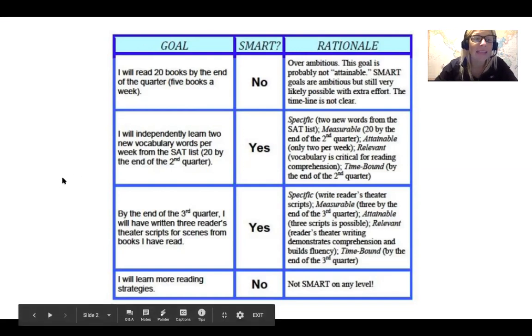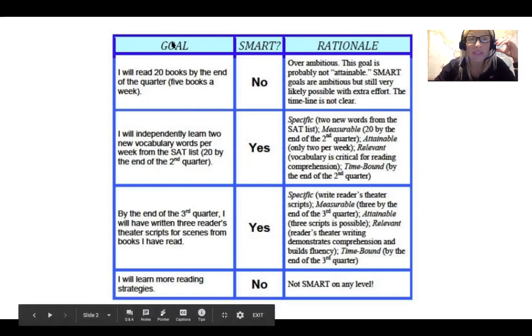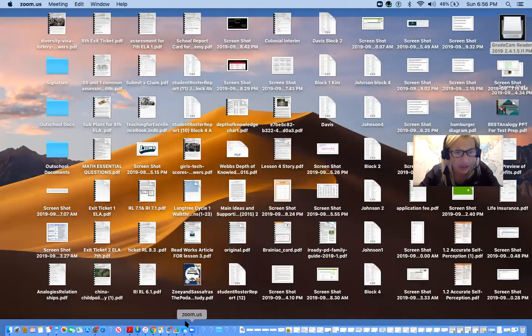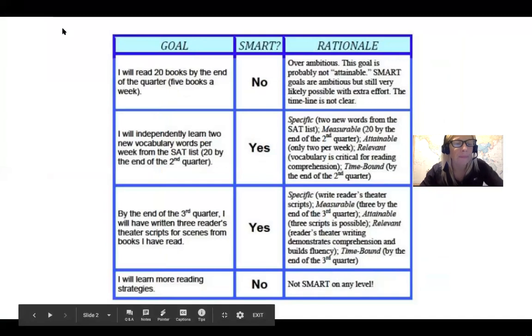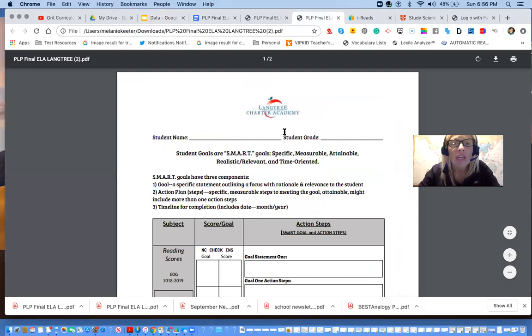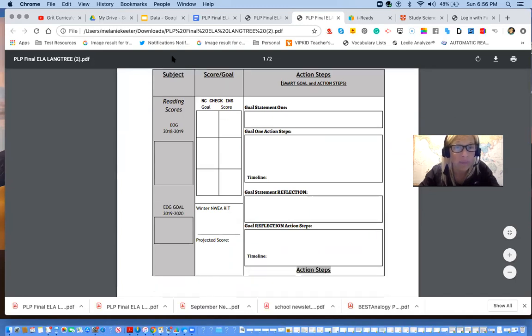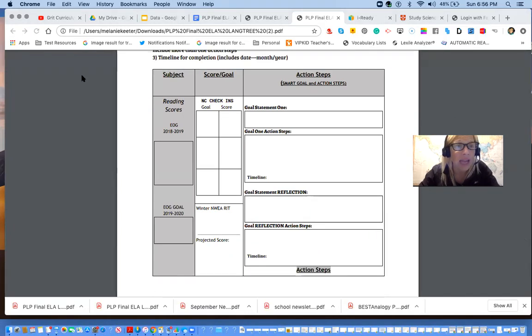Let's go back and look at the different pieces in the PLP that we also need to use in order to write these goals, okay? So I'm going to pull up these PLPs for you, and you should have yours in front of you right now. You have one for reading and for math, and the reading one has several different components that are gray that help guide where we are going.